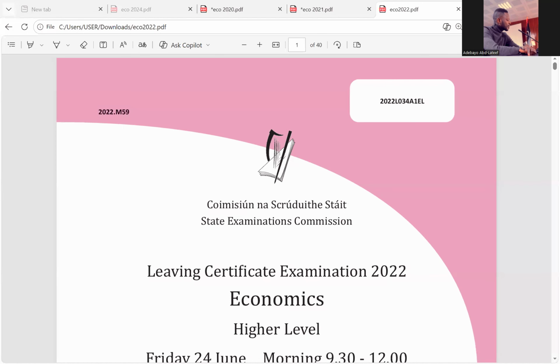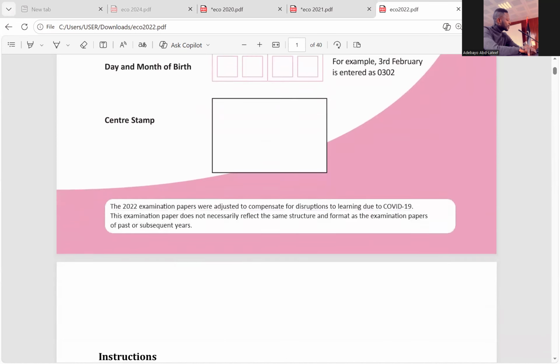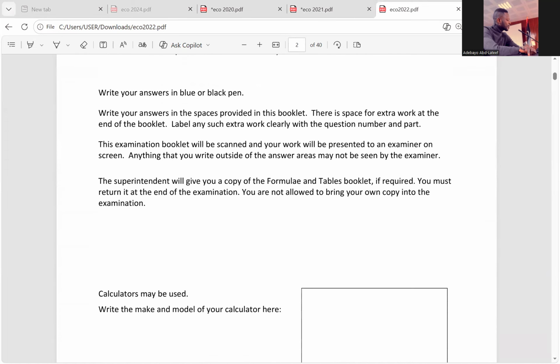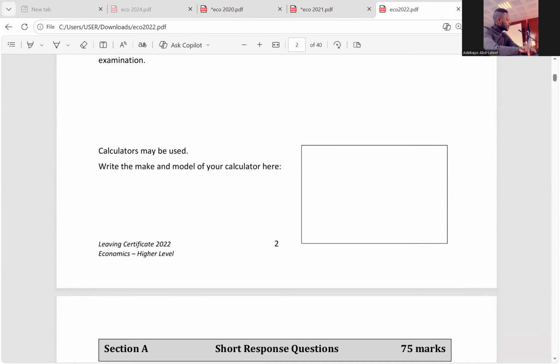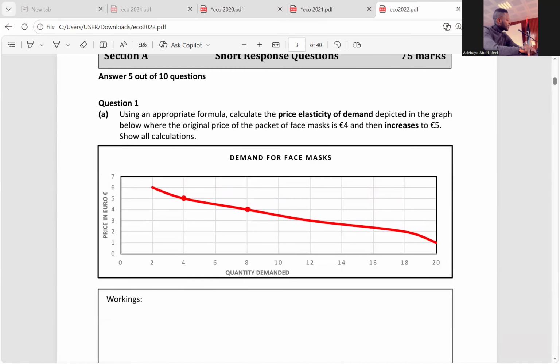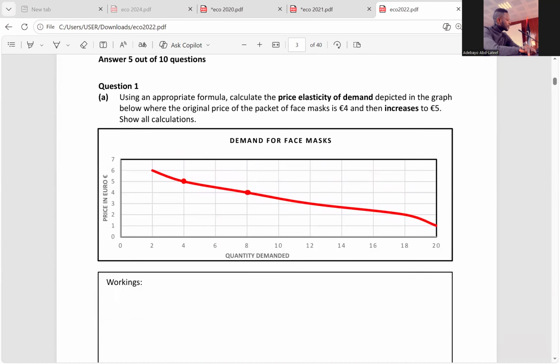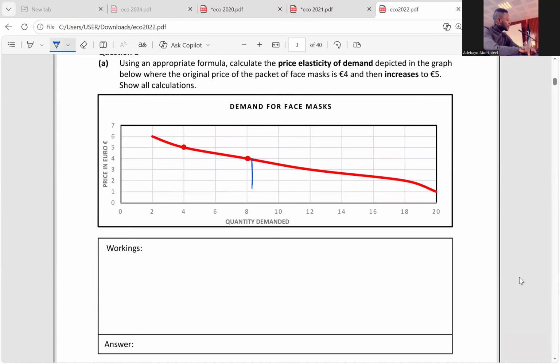We have the 2022 past paper for the grade 10s again. Question 1: using an appropriate formula, calculate the elasticity of demand depicted from this. We have a price of 4, then it increases to 5. At a price of 4, the quantity is 8.